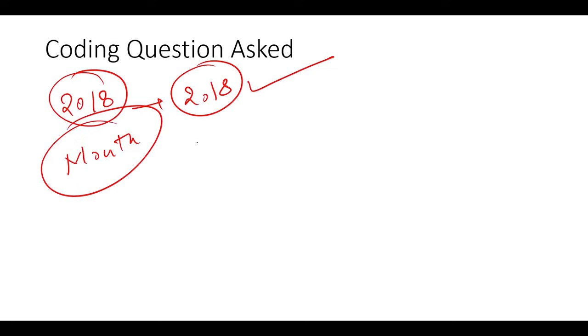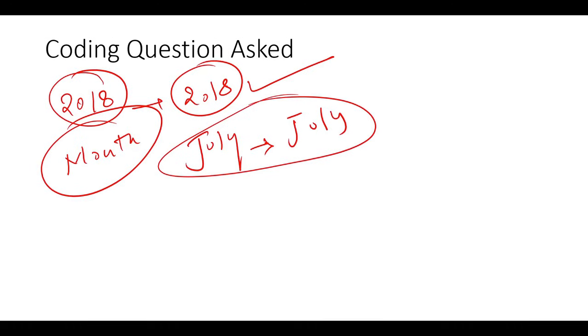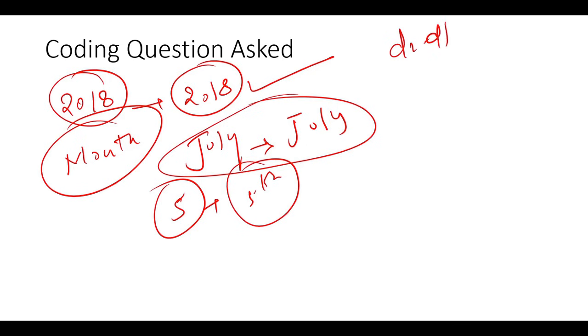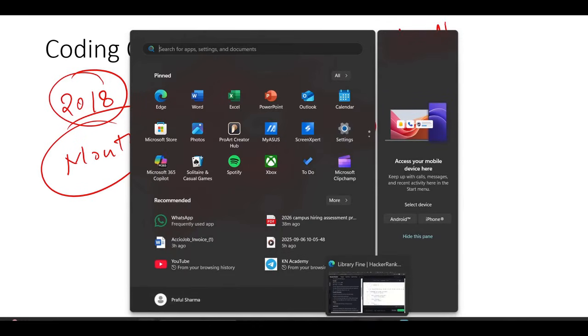If we need to return the book in July and we are returning it in July, that is also fine. Then we check the day: if we need to return the book on the 5th, but we are returning it after the 5th, then we need to count the days we are late, correct? So we will be doing d2 minus d1, or d1 minus d2, whatever it is.